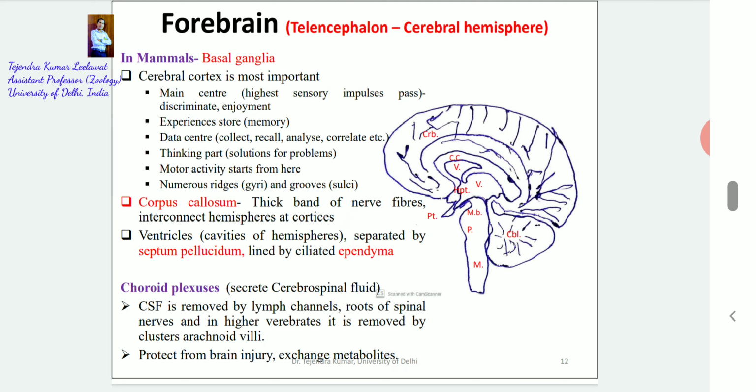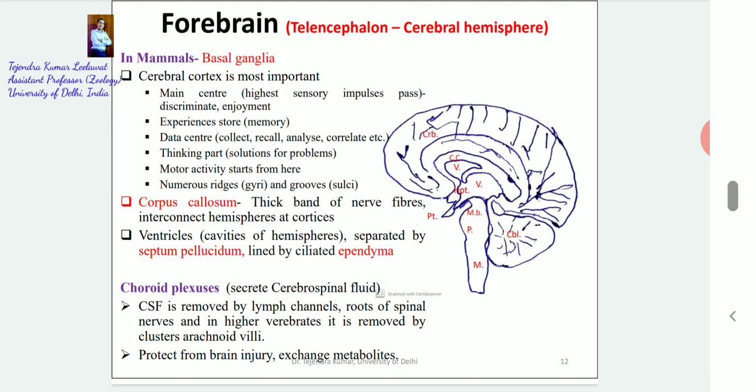Now coming to the choroid plexus. Choroid plexus is a complex nerve structure, and it secretes some fluid called CSF, or cerebrospinal fluid. That cerebrospinal fluid is removed by some lymph channels and roots of spinal nerves.